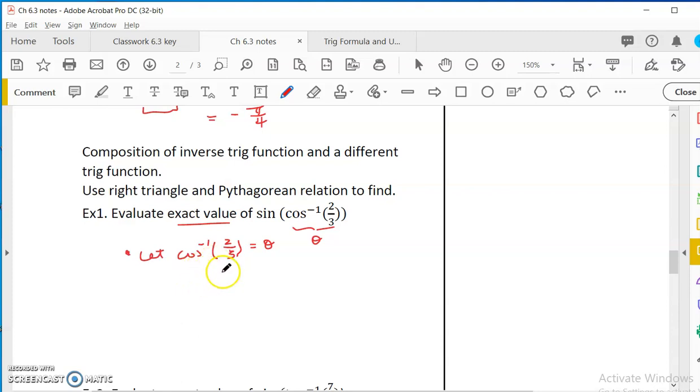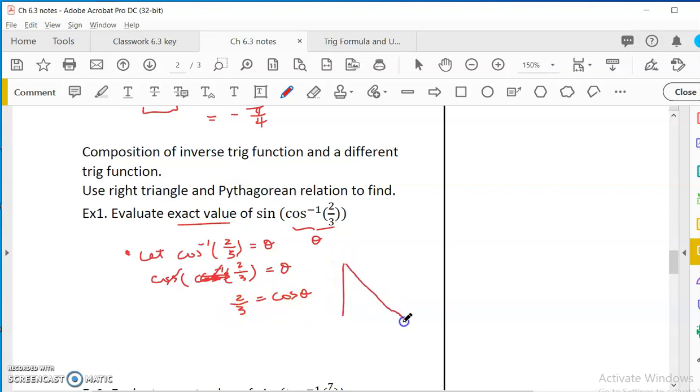So if I take cosine of both sides, the cosine and cosine inverse cancel, remember, this always works, and I get 2/3 equal to cosine theta.